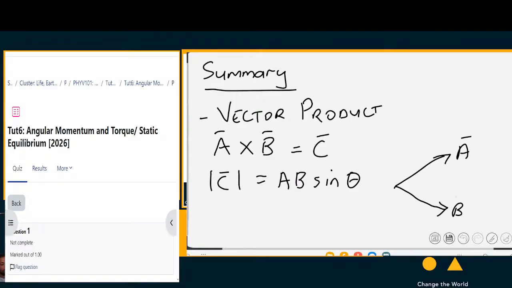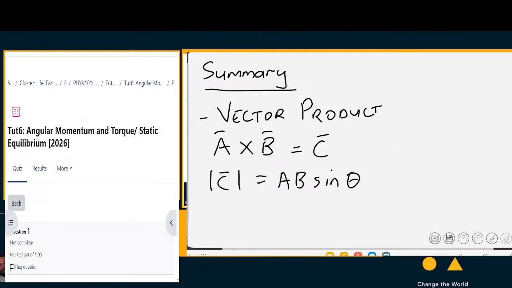That's vector A, that's vector B. Then the direction of vector C will be perpendicular to the plane of vectors A and B. Okay, the direction of vector C. I hope that makes sense.